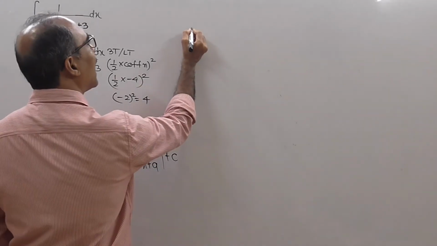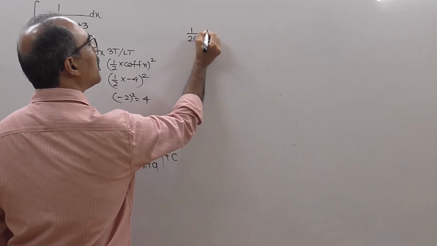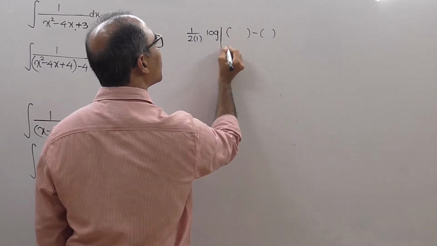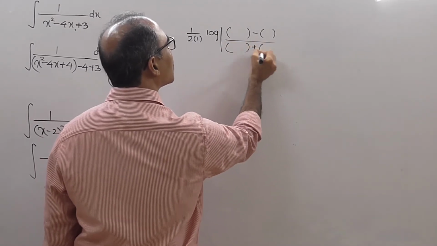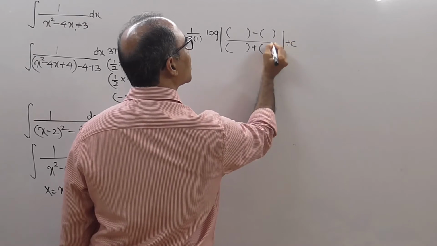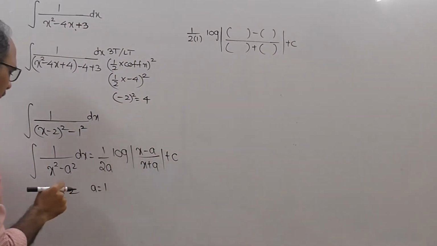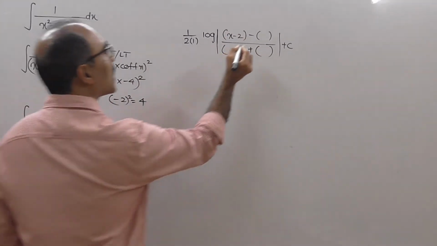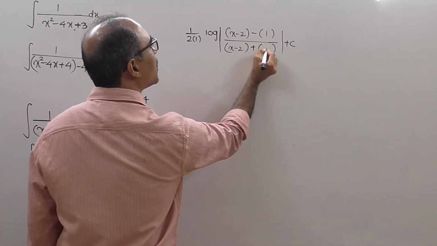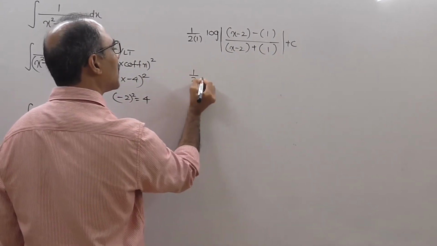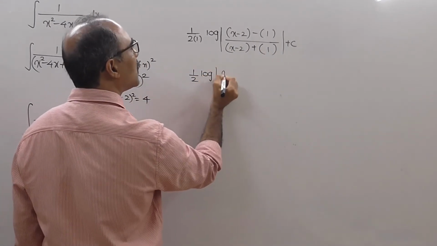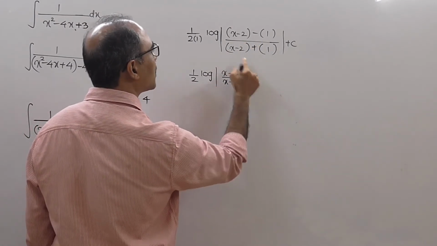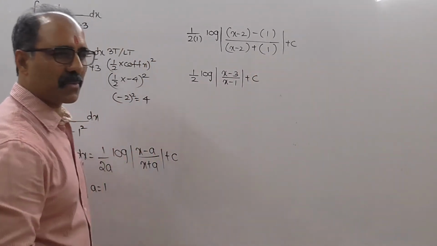So my answer will be 1 upon 2a, that is 1 upon 2 into 1, log modulus (x minus a) upon (x plus a) plus c. In place of x you will have x minus 2, in place of a you will have 1. The answer is 1 upon 2 log modulus (x minus 3) upon (x minus 1) plus c, because minus 2 plus 1 is minus 1.